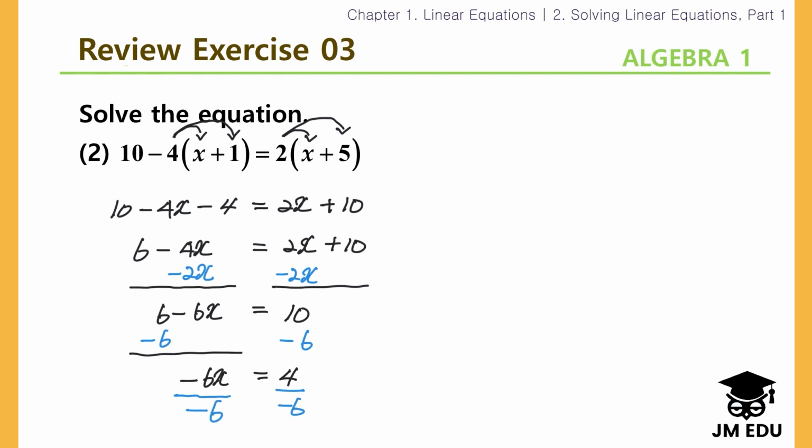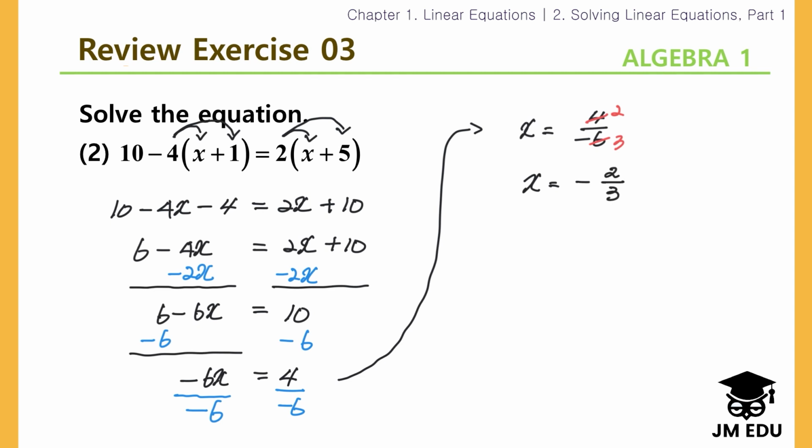So let me write the solution for x right over here. X is equal to 4 over negative 6. If we simplify this, 4 is 2 times 2, 6 is 2 times 3, right? So the solution for x is equal to negative 2 over 3.